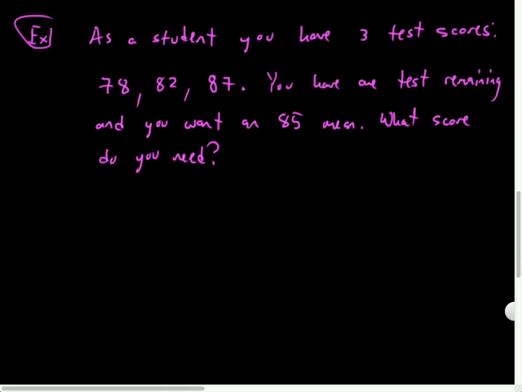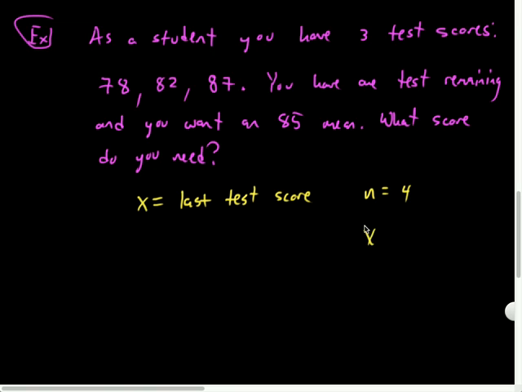So let's define a variable. Let's say x is equal to the last test score. Once I take that last test, how many test scores will I have? 4. And I know x bar in this case.